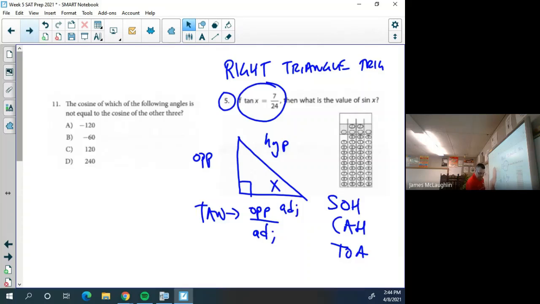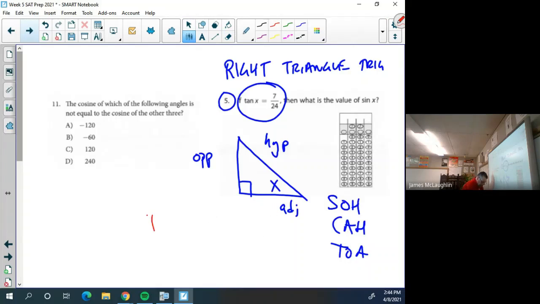So if tangent has been given to us as 7/24, then that means opposite has got to be 7 and adjacent has got to be 24. 7 here, 24 there.